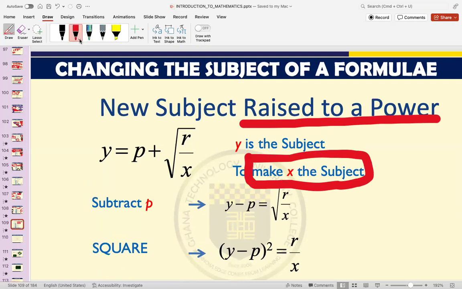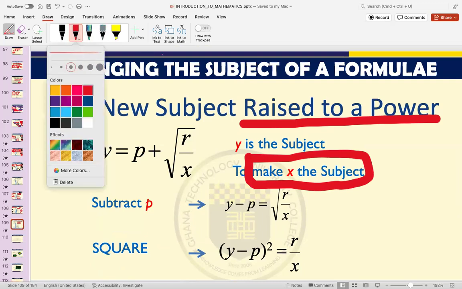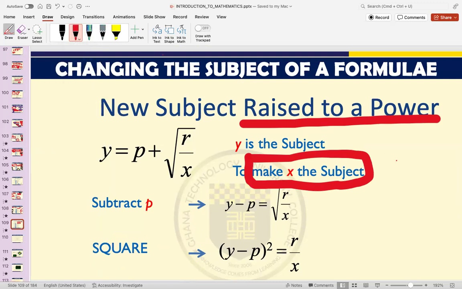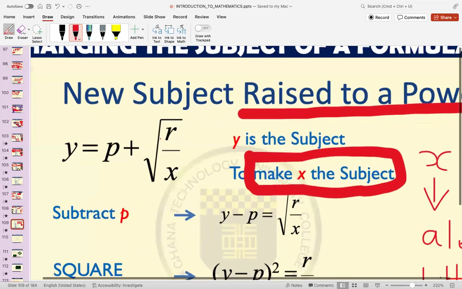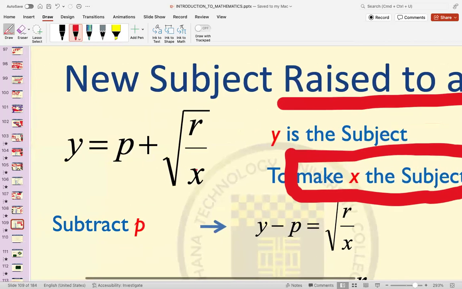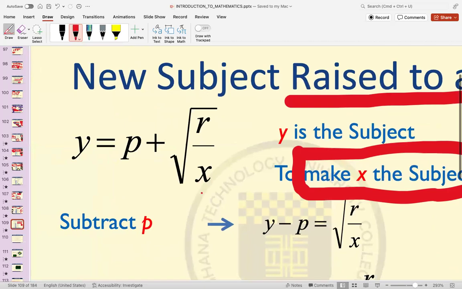Making X the subject, like I keep consistently explaining, is that they want X to be able to stand alone on the left-hand side of the equation. Look at where X is hiding. We need X at the left.